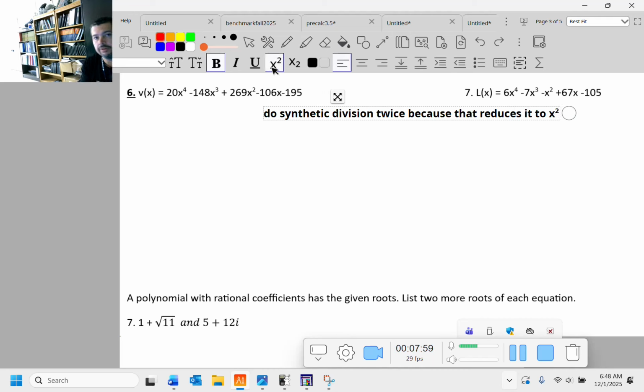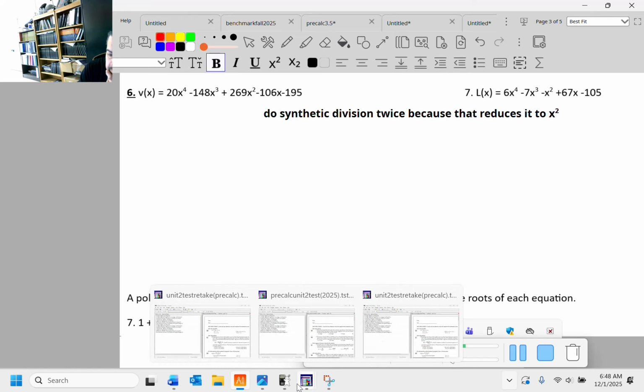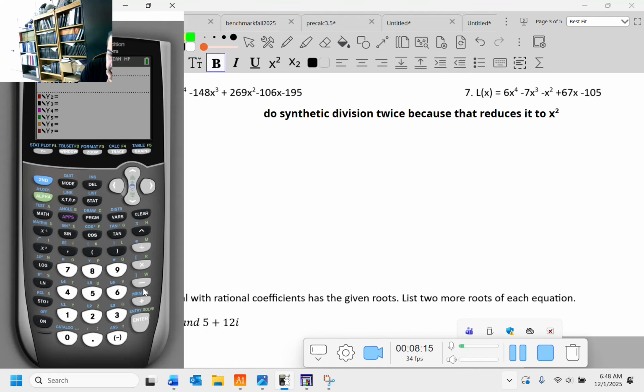And that's the goal, get down to a quadratic. A lot of kids struggle with that idea. They're like, why do we keep going? Because you have to. You just have to keep going until you're a quadratic. Stuff is easy peasy, lemon squeezy.